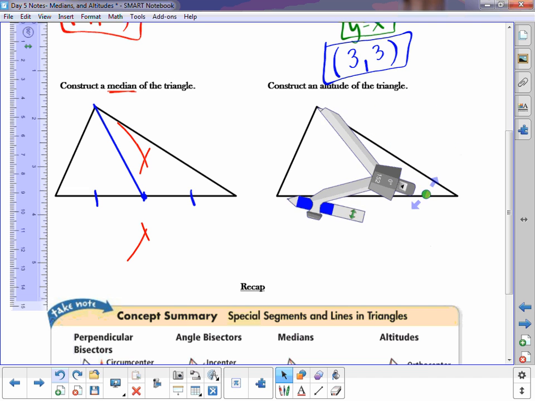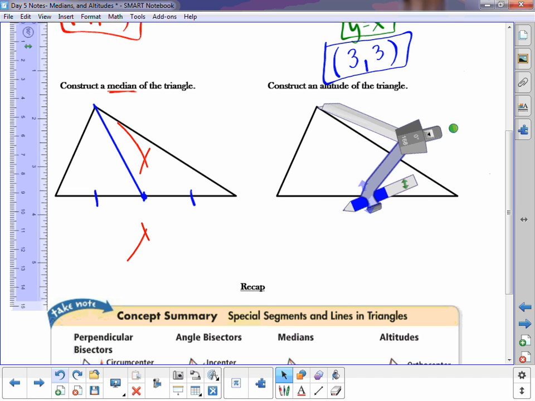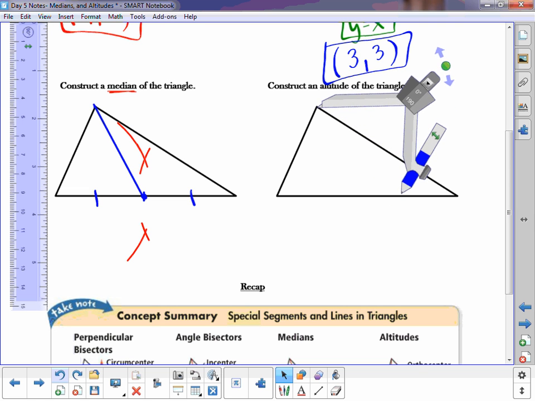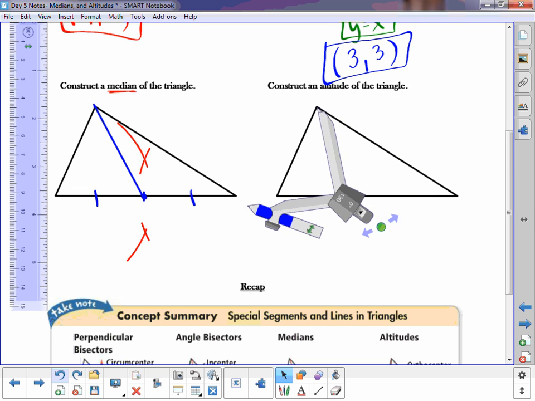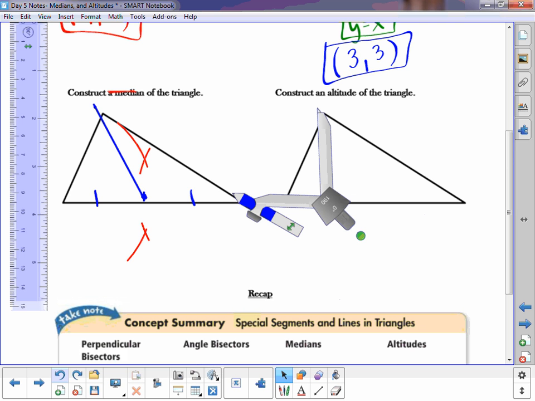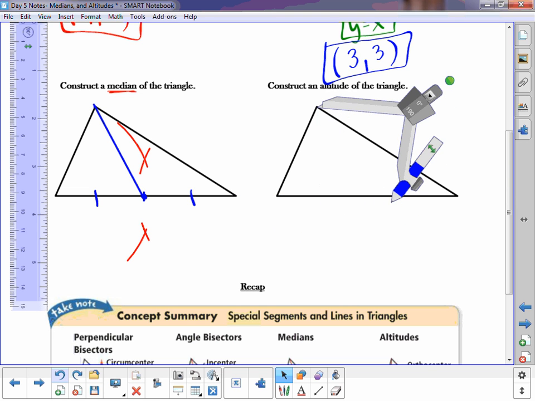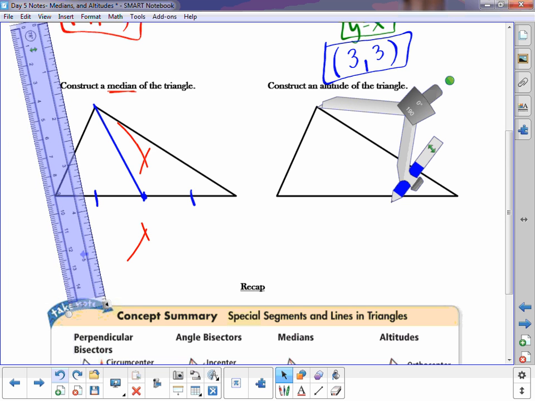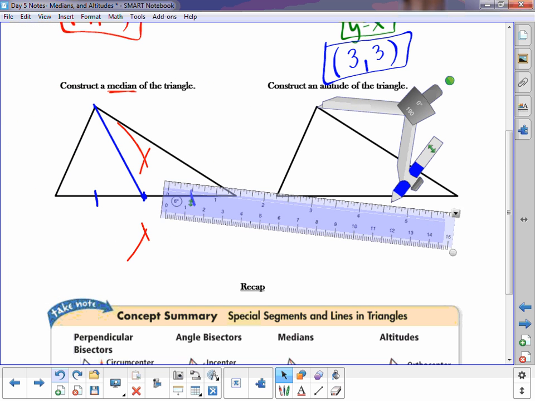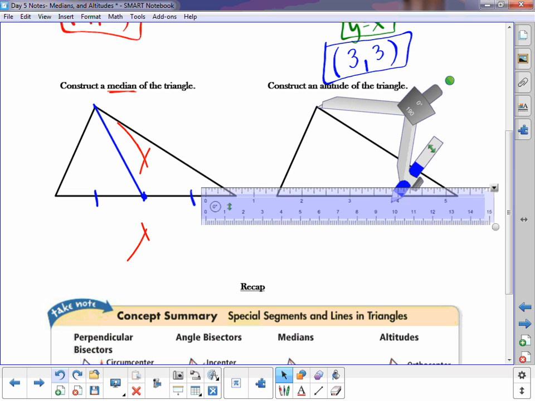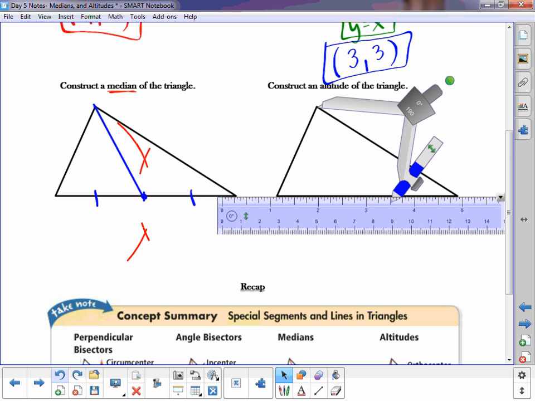Now you can notice right now I have my compass just barely swept in there, but if your compass was set out a little bit longer, notice it intersects on that side, but it swings wide over here. So if you have that happen, you are always welcome to extend out the side. And I think I'm going to go ahead and extend my side just to give me some more room to work with. So I'm going to go ahead and extend this out.